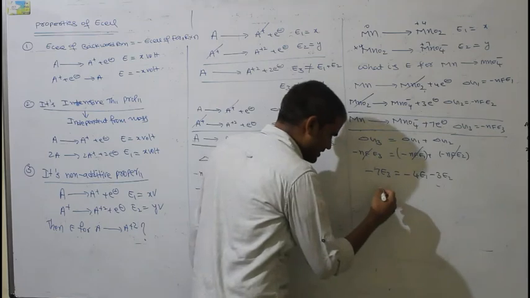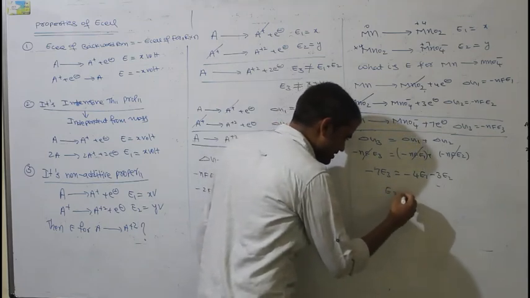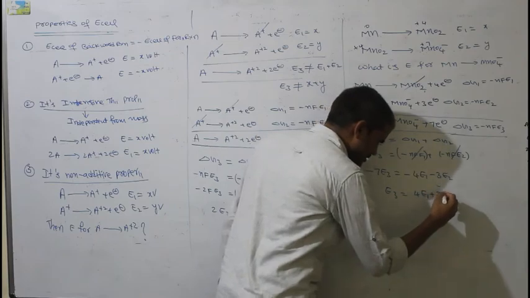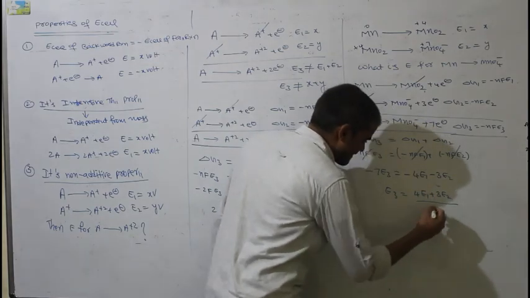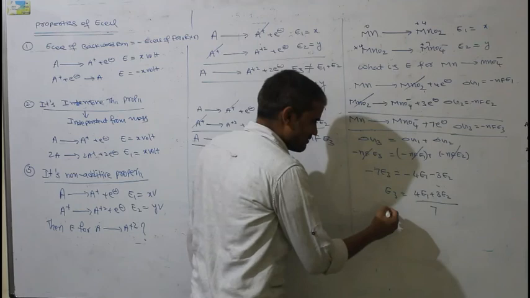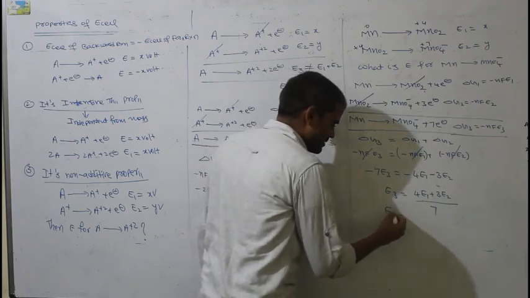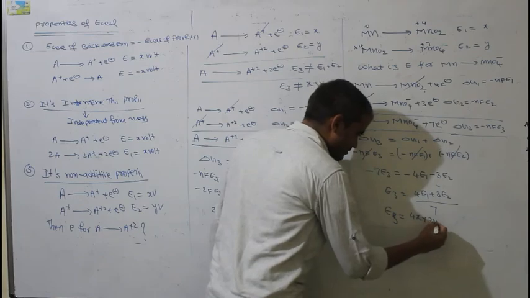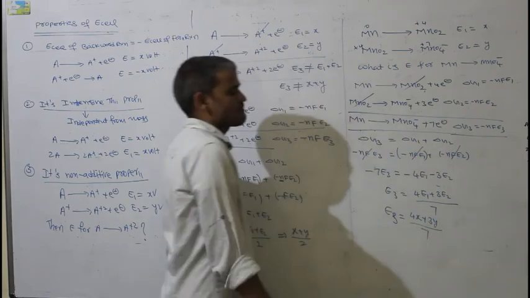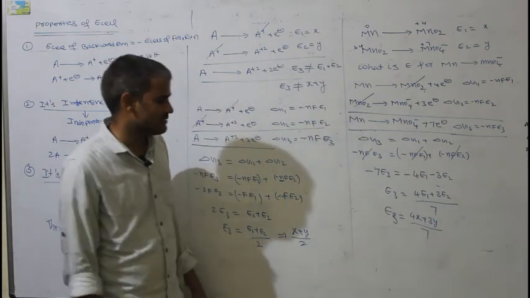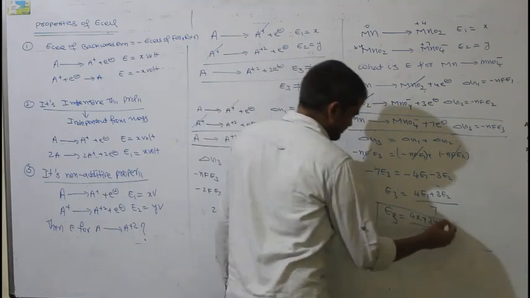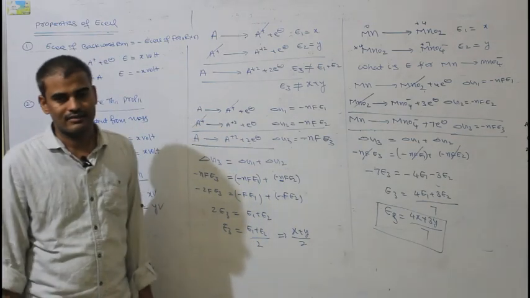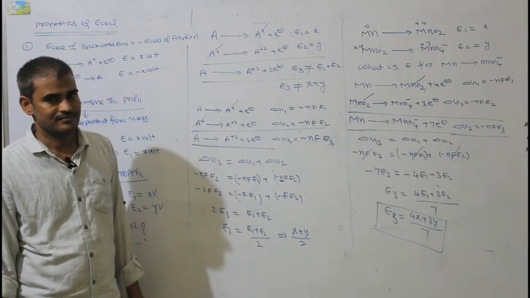If you simplify further, it becomes E3 is equal to (4E1 plus 3E2) by 7. E1 is X, so it becomes (4X plus 3Y) by 7, which is the answer for E3. So like this we can calculate E when dealing with non-additive properties.